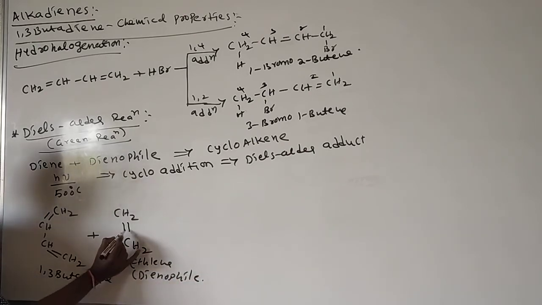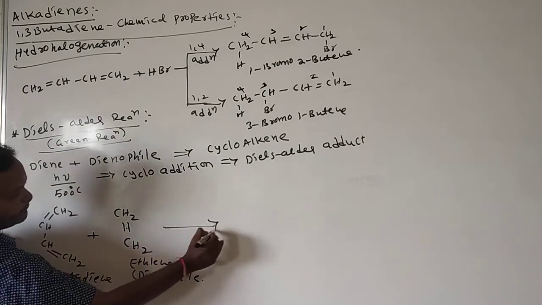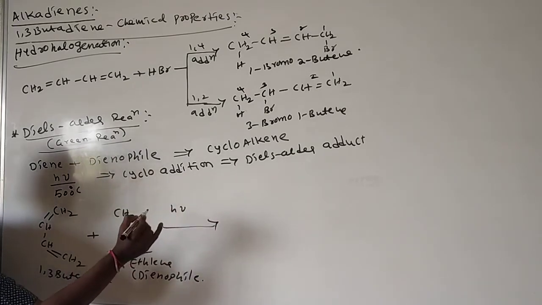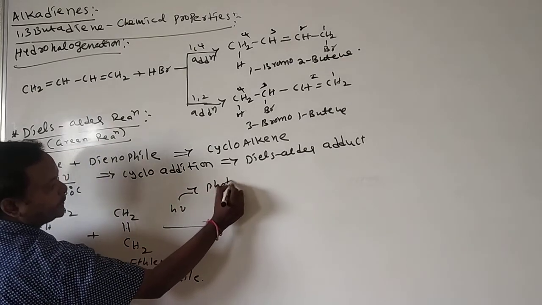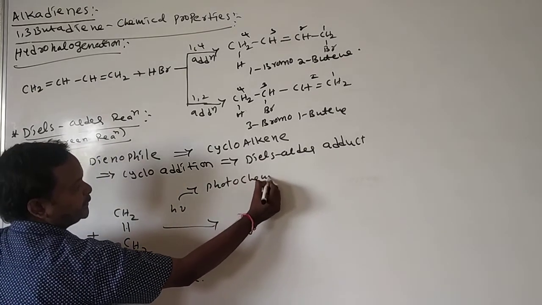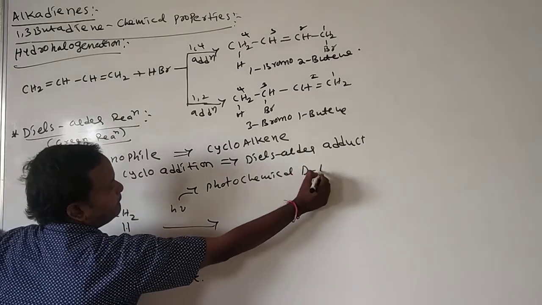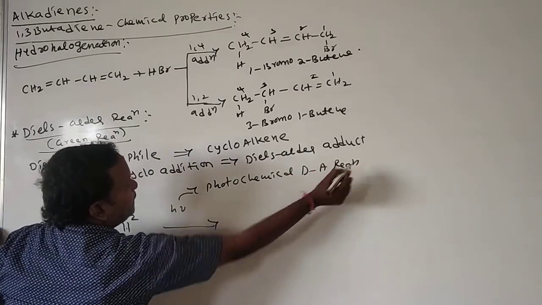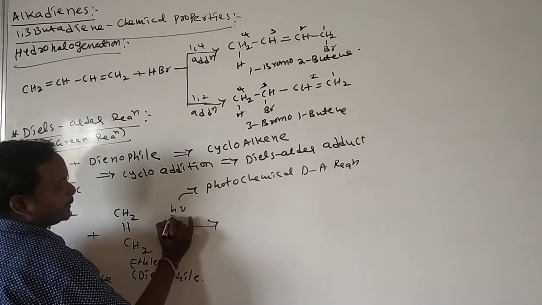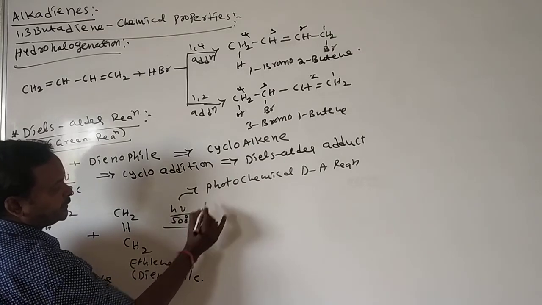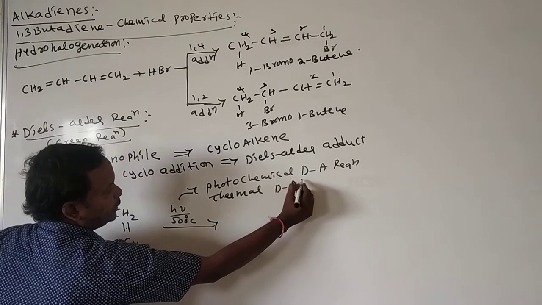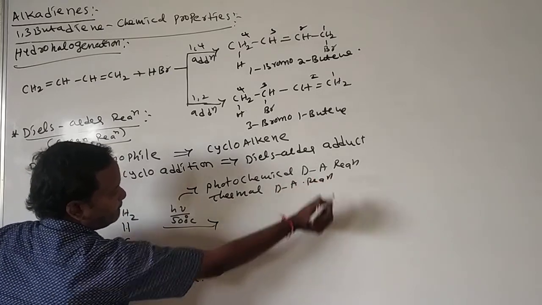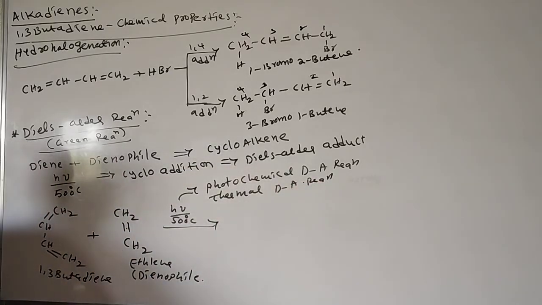What happens here? This is in the presence of sunlight. If you use sunlight, we call it a photochemical Diels-Alder reaction. If you use 500 degrees centigrade temperature, we call it a thermal Diels-Alder reaction.